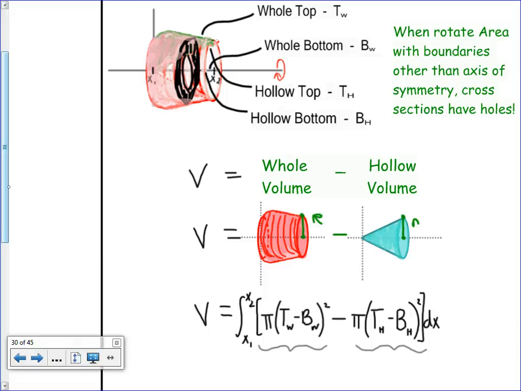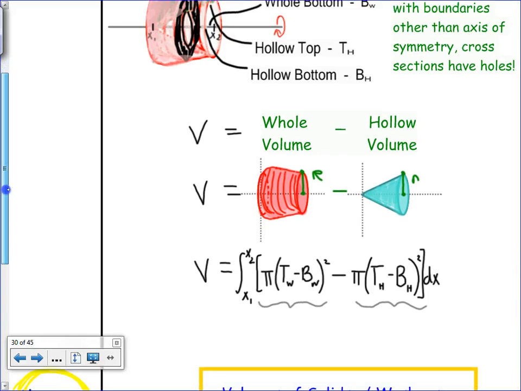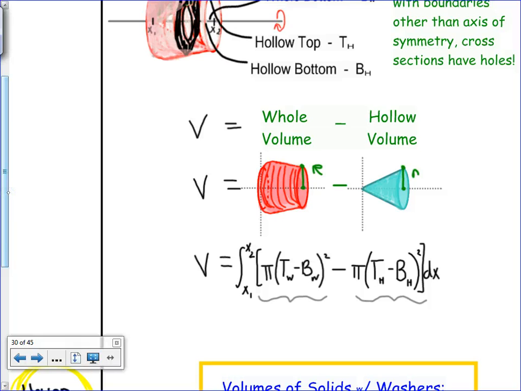I have to go from the outermost to the axis and then the outermost to the axis. So I have the entire thing and I have the hollow thing, two different radii. I have one here and I have one here. Big R, this one. I use green on both of them.